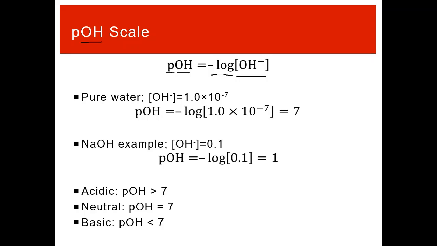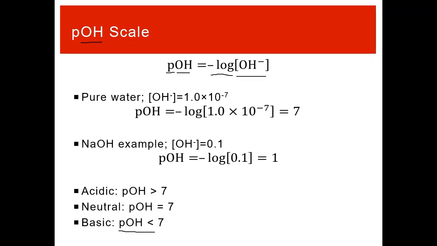Instead of asking how acidic the solution is, you're asking how basic the solution is. So pure water, the pOH is 7, just like it is for pH. But now if you're looking at, say, our hydroxide example, where the concentration was 0.1, you got a pOH of 1.